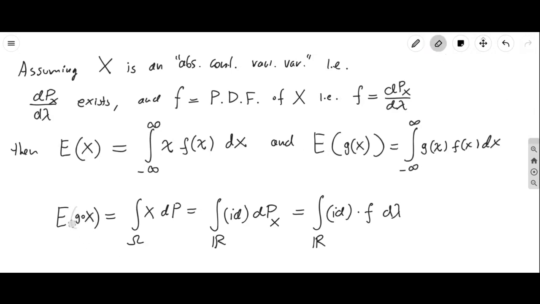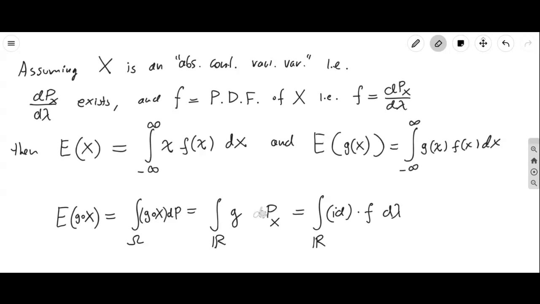And then based on the change of variable theorem, this would be integrating g composed with x dP. And then the change of variable theorem would say you keep the g, the real valued function, and you integrate it with respect to the measure that you're getting on the real line arising from the random variable.